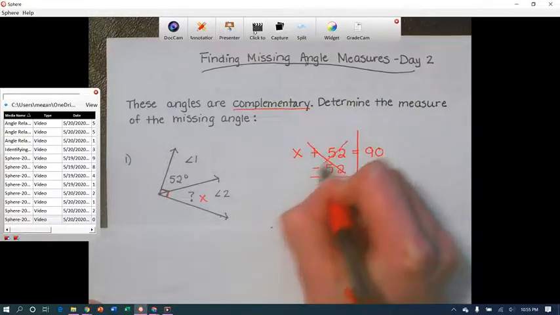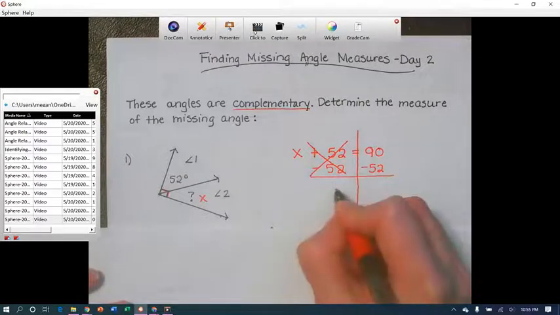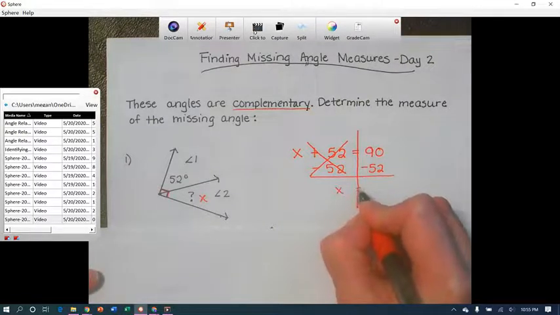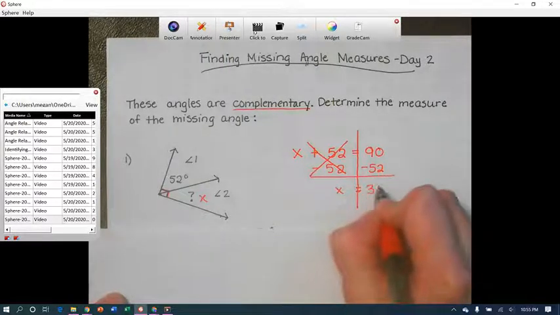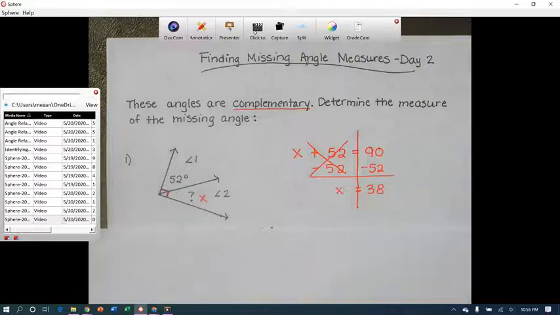That gets rid of that. And so I'm just left with x is equal to whatever 90 minus 52 is. 90 minus 52 is 38.